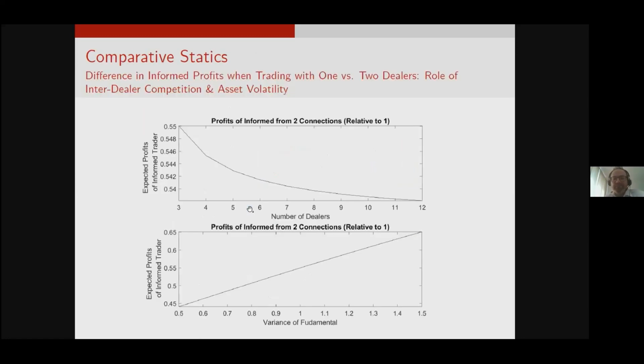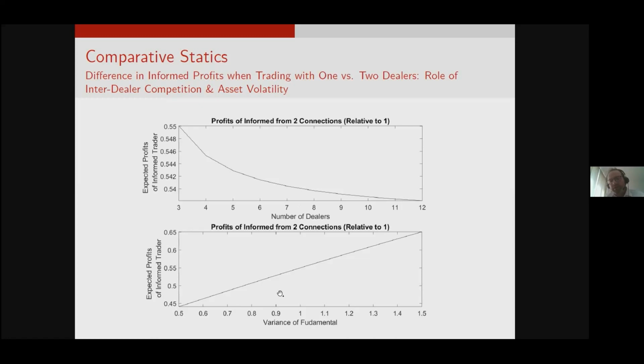So basically, we show that the relative profit of the informed client when it goes from one dealer connection to two connections is monotonically increasing in the number of dealers intermediating in the IDB market, and monotonically increasing in the variance of the fundamental of the asset.